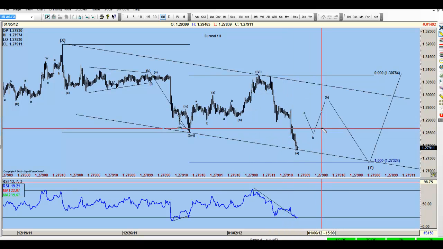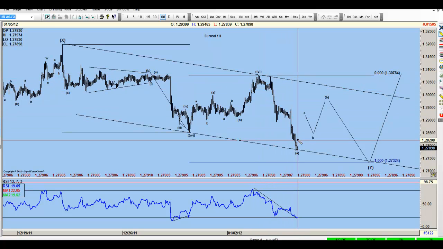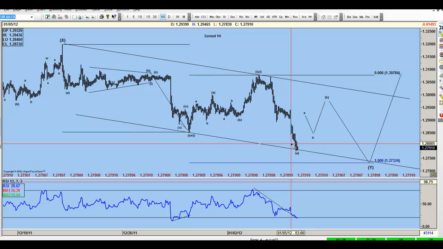The first one, either this is 1, 2, and we're working into the 3rd wave still of the move from this week's high at 130.78.